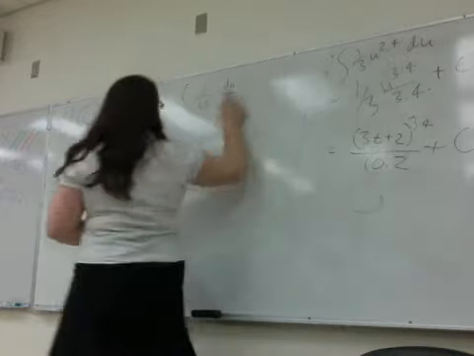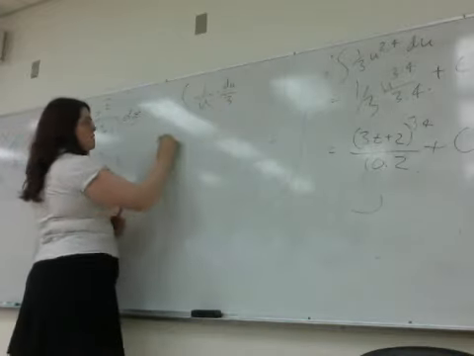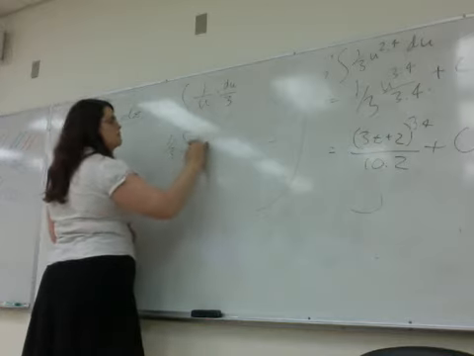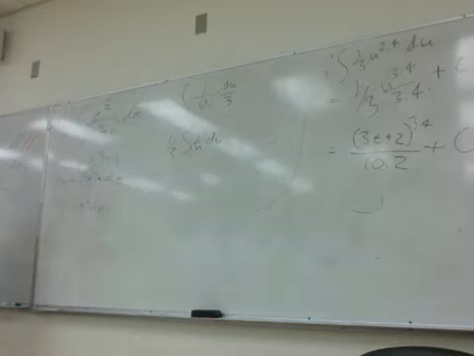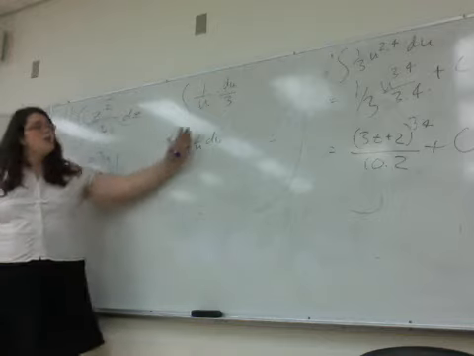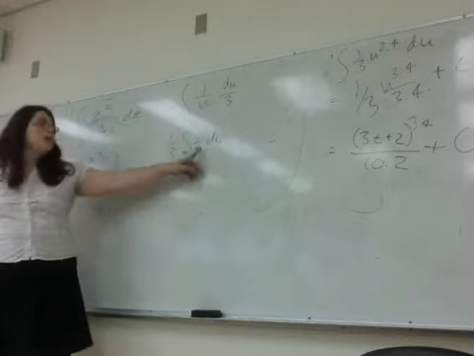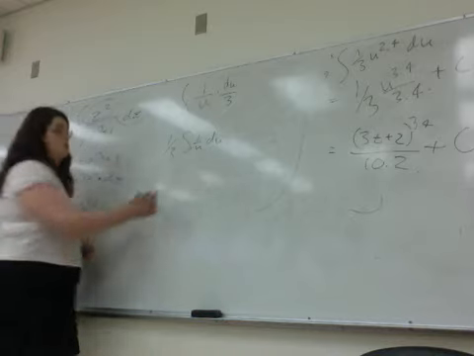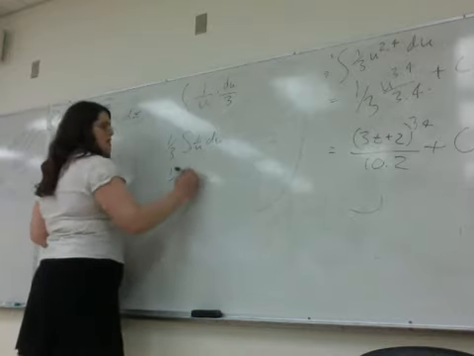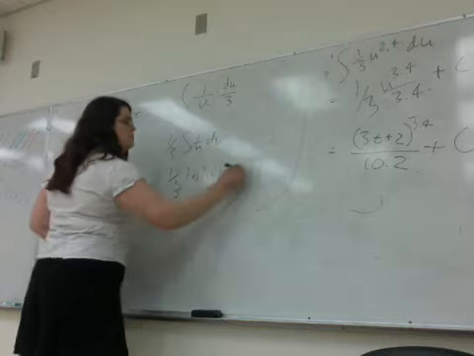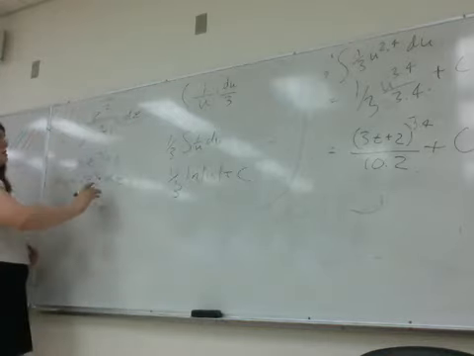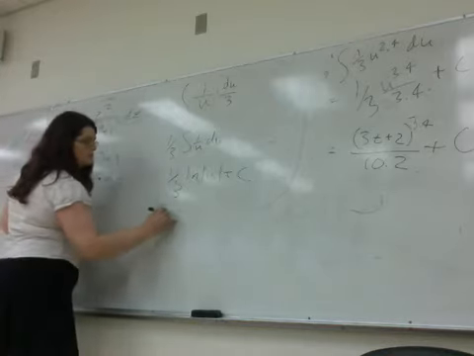Dividing by 3 is the same thing as multiplying by 1/3, and a constant can always come out front of the integral sign. I did mention that that's a rule, that if you have a constant inside the integral, you can always move it out front. The antiderivative of 1 over u is ln of the absolute value of u. And u here is z cubed plus 1.